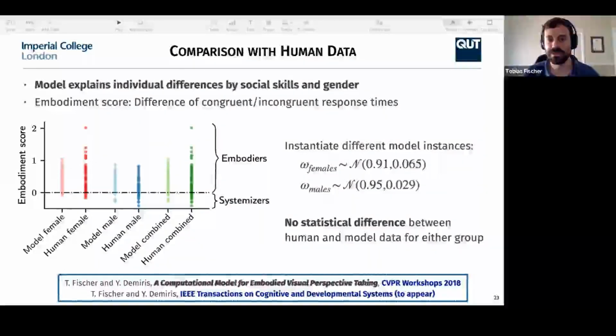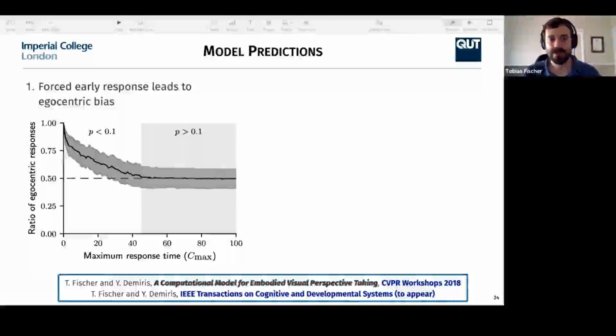So that's just me replicating the data which has been observed in humans. So that shows that not only on an individual level there's a high degree of similarity, but also on the group level.